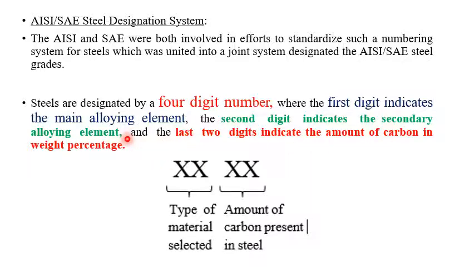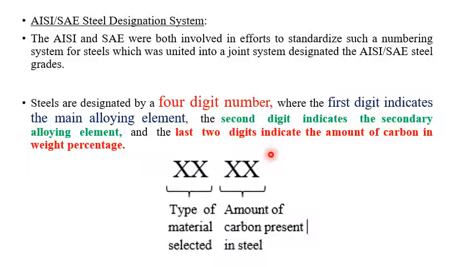For example, along with chromium, if you have nickel, the second digit will indicate the second element, and the last two digits indicate the amount of carbon in weight percentage. For example, if you have 0.5% carbon, these two digits will indicate 05. That's how we designate the type of steel.